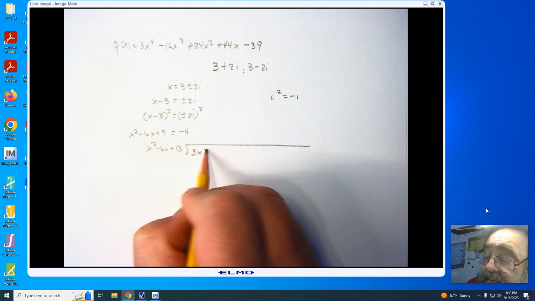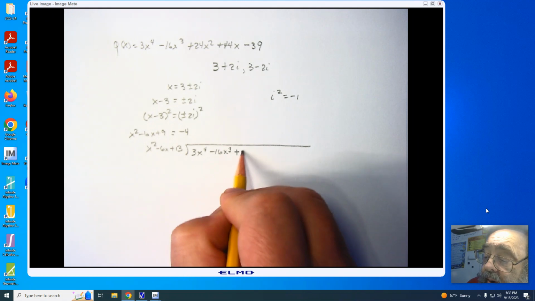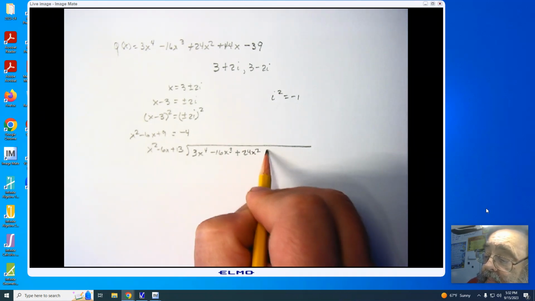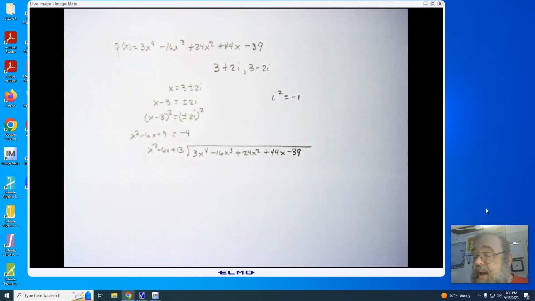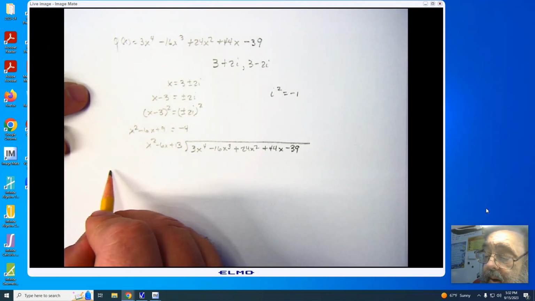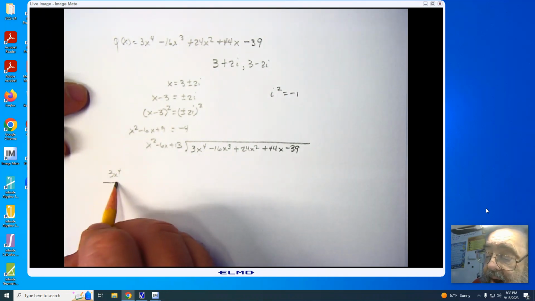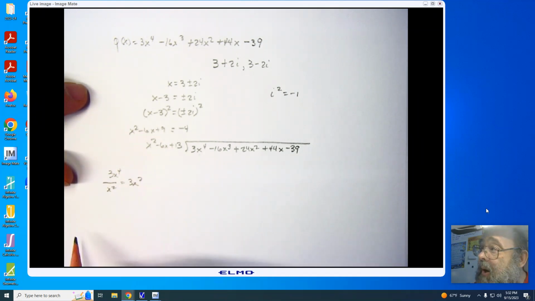Put the 3x to the fourth minus 16x cubed plus 24x squared plus 44x minus 39 inside of our division. Take the front term, divide by the front term. 3x to the fourth divided by x squared, and I'm looking at 3x squared as the polynomial.